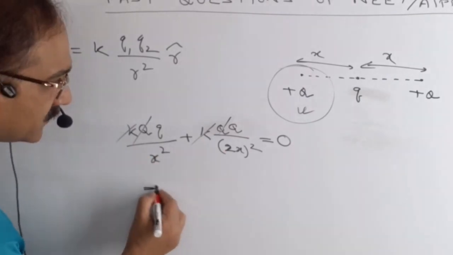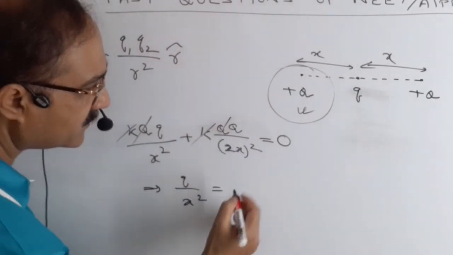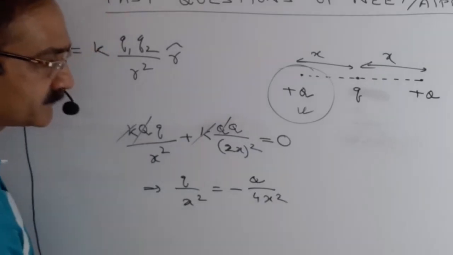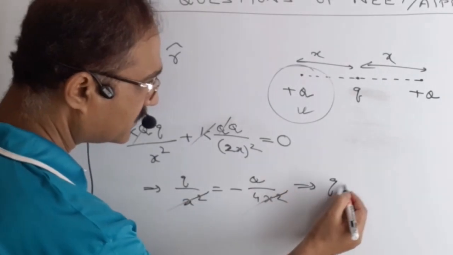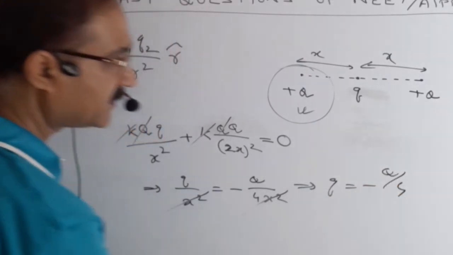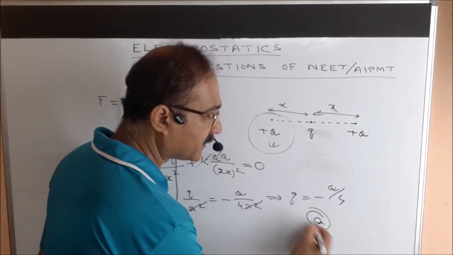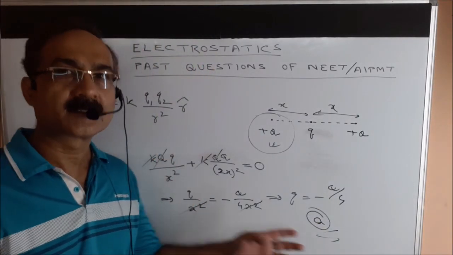From here we will get q by x square equal to, if I transfer it there, minus capital Q by 4x square. So x square cancels out. So what we get? q is equal to minus capital Q by 4. And that is option A. So the correct option for this question is A.